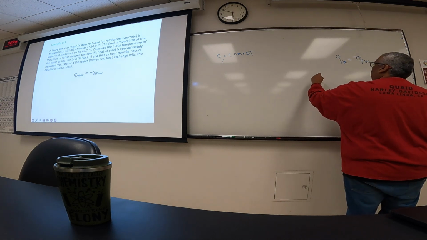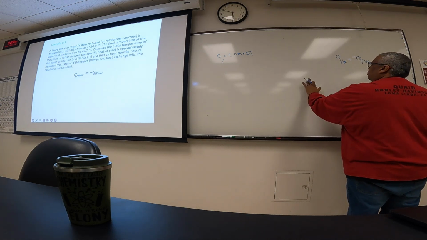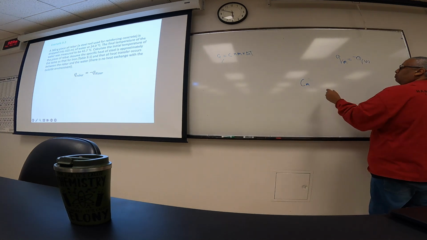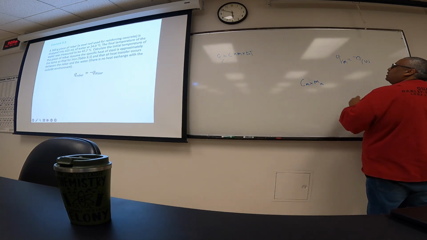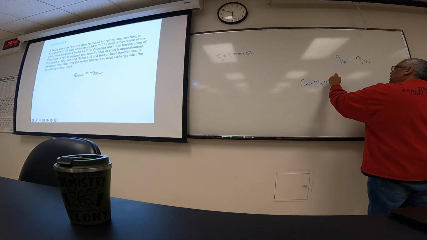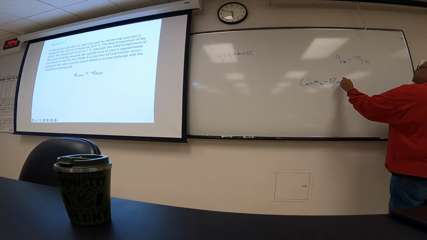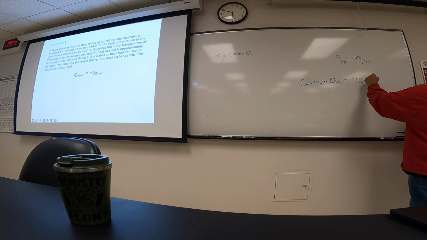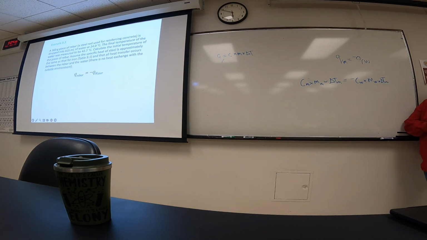So we could say the specific heat of the metal times the mass of the metal times the temperature change of the metal is equal to the negative specific heat of the water times the mass of the water times the temperature change of the water.